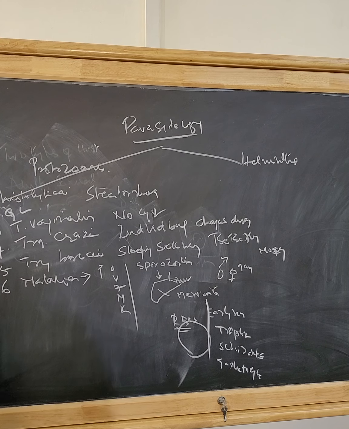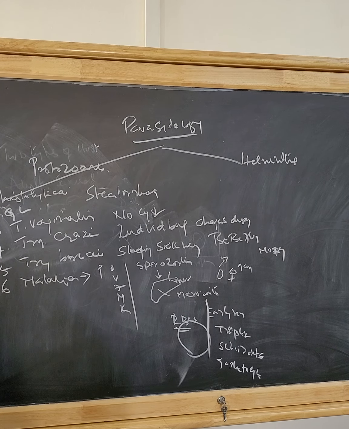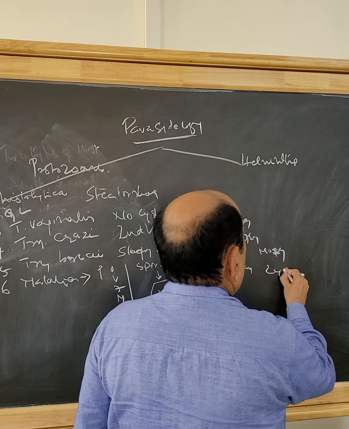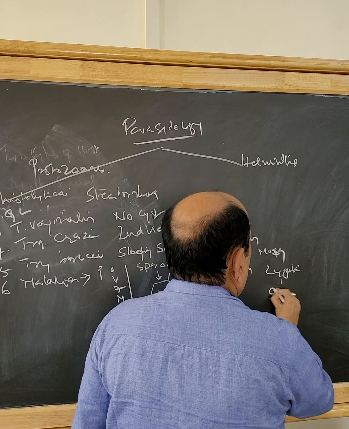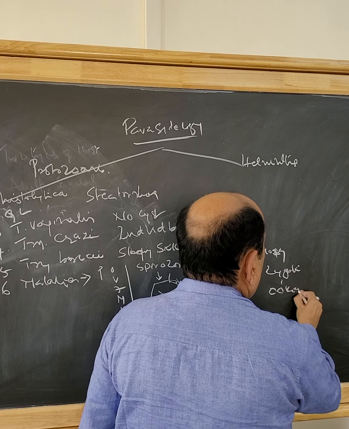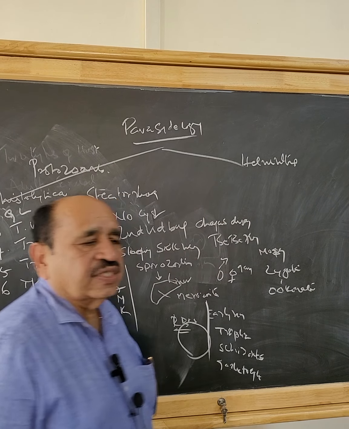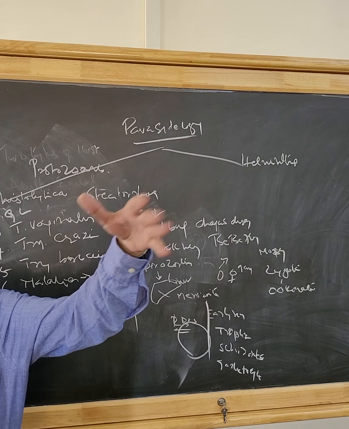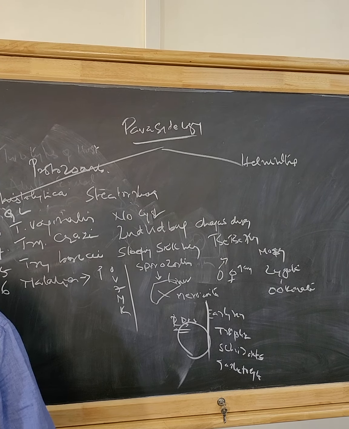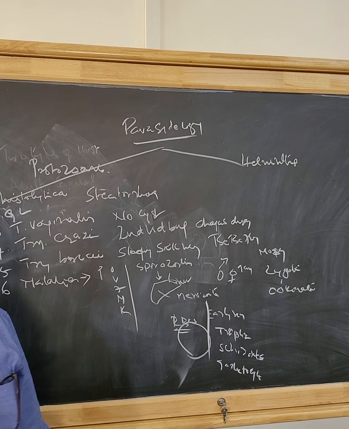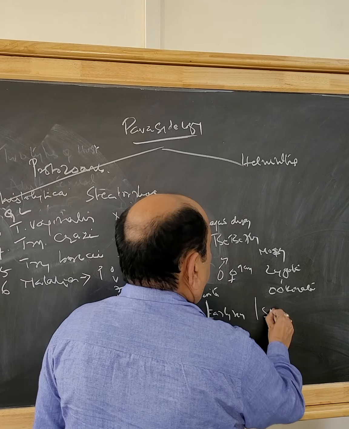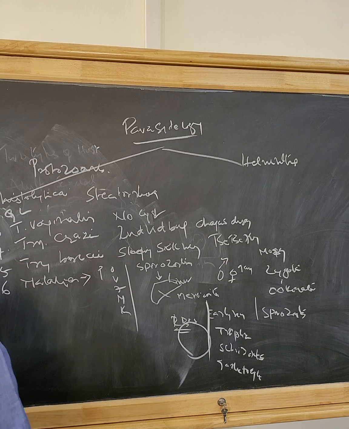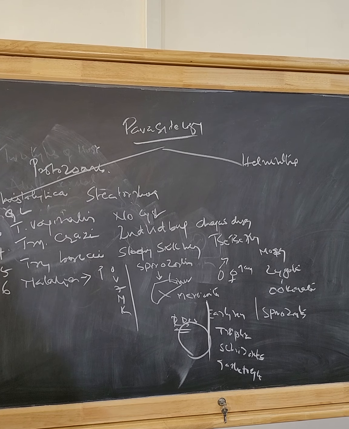They form a zygote. The zygote transforms into an ookinete, which pierces the stomach wall, comes into the extraperitoneal region, and forms an oocyst. The oocyst bursts, giving rise to sporozoites. Now the mosquito is ready to infect the person.